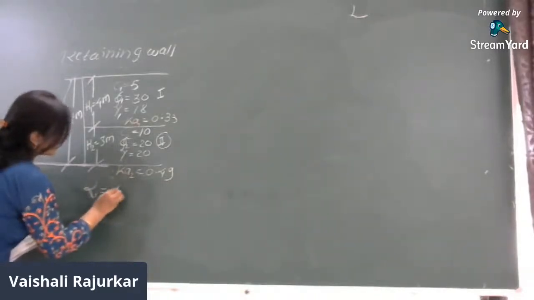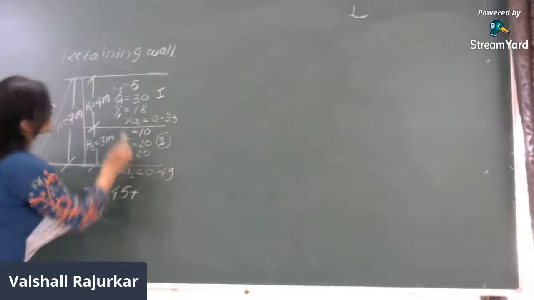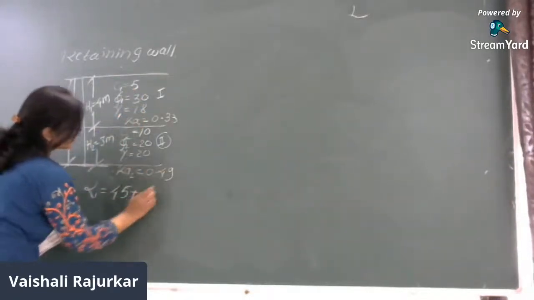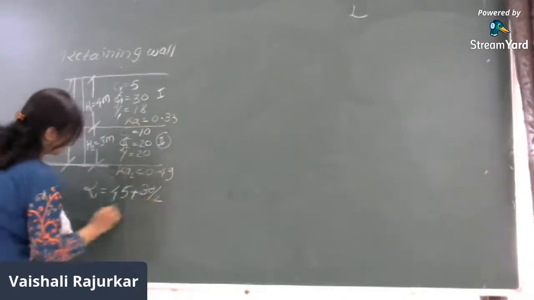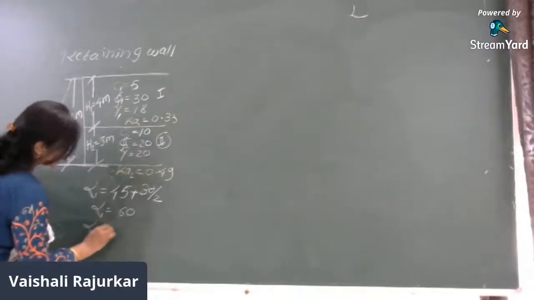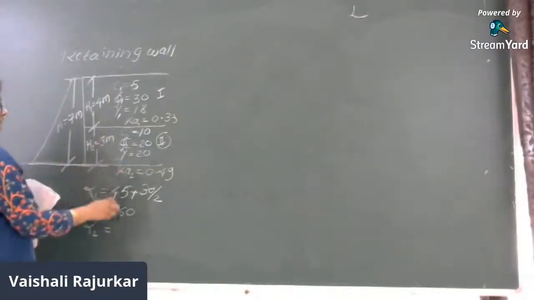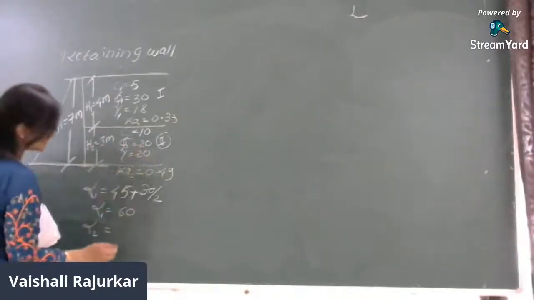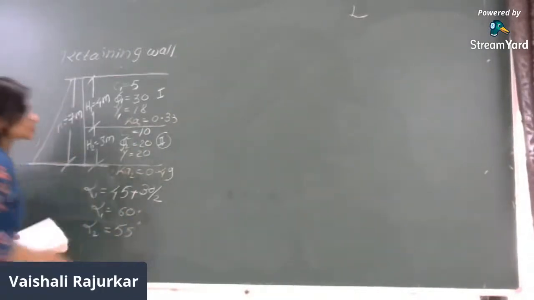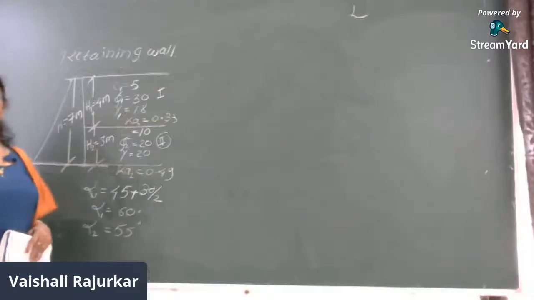Alpha 1 is 45 plus phi by 2, that is 30 by 2, so alpha 1 is equal to 60 and alpha 2 is 45 plus 20 by 2, which is 55. So these are the values of Ka and alpha, right?